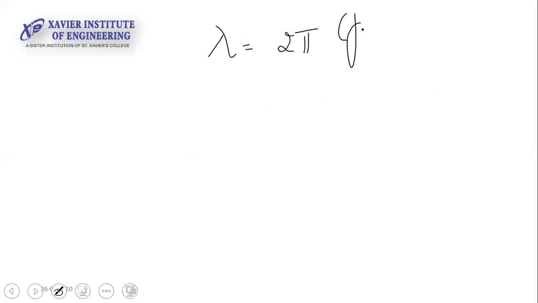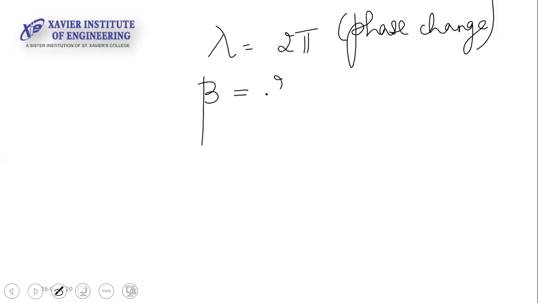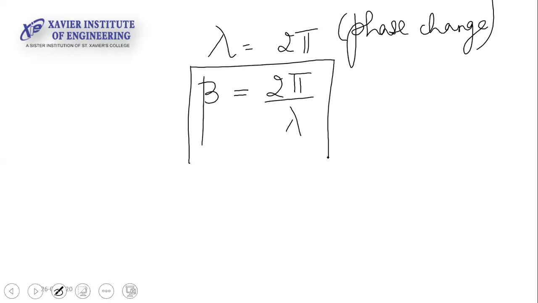So when I say there is a phase change equal to a distance of lambda, it essentially means that this beta is nothing but 2 pi upon lambda. So beta is now represented in terms of lambda. Now beta has become nothing but 2 pi upon lambda.